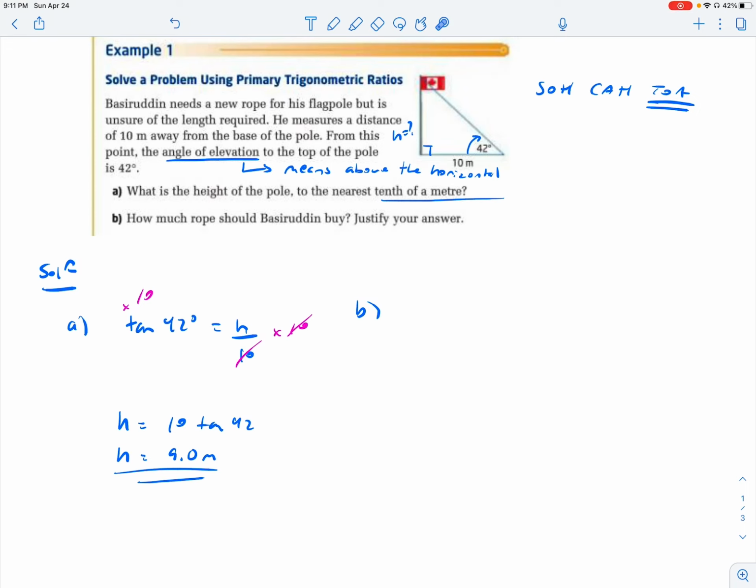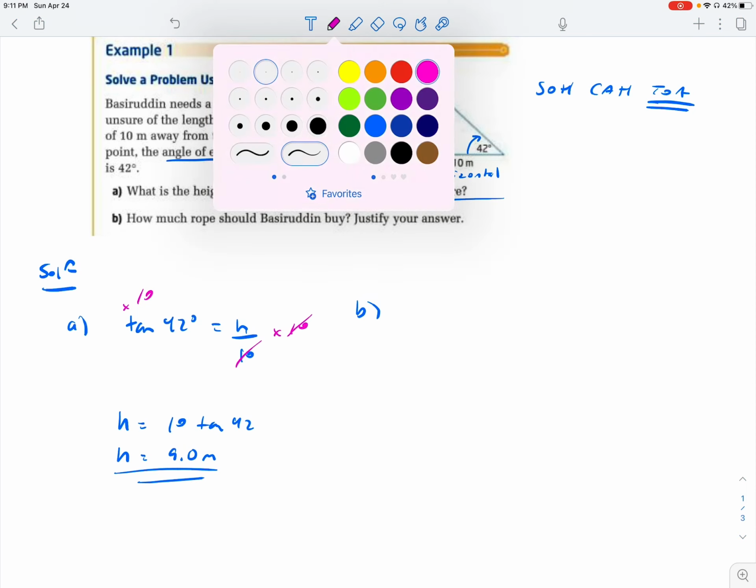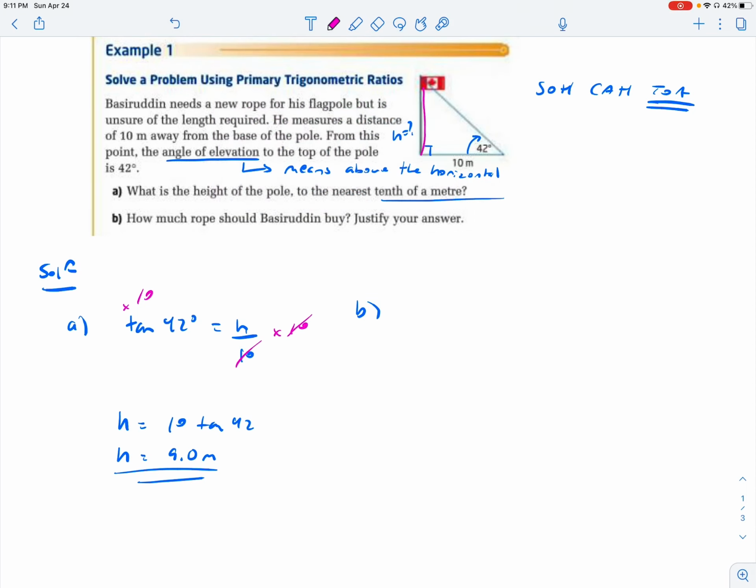But I'm pretty sure that flagpoles actually loop around, so he probably needs about double. Usually the flagpole begins here, and then the rope loops around and comes back down to the bottom. So it needs to at least be able to go all the way up to the top and back down, and probably have a little bit of slack in order to move through.